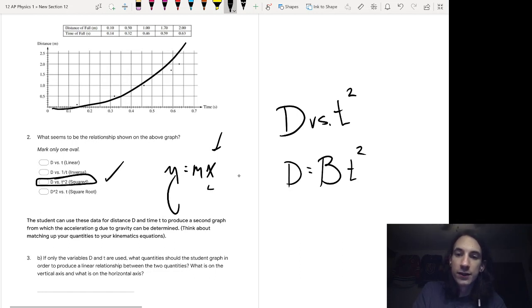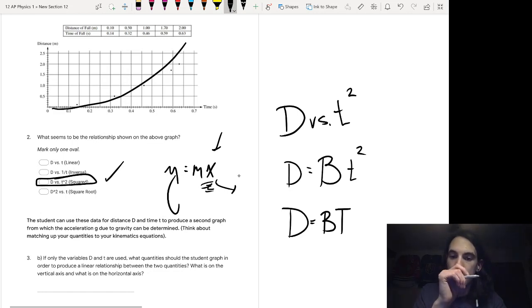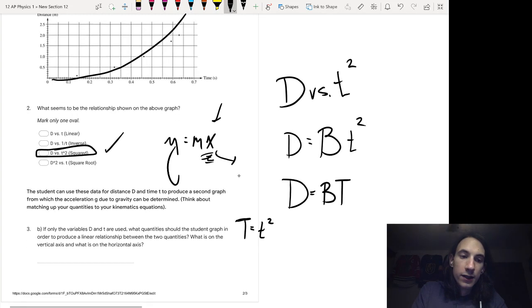So we can say d equals b times T. That looks like it fits, where we have this standard d, some sort of slope b, and then this x, this horizontal axis variable that is strictly a horizontal axis variable with no square to it. So we can say that this big T is equal to t squared.